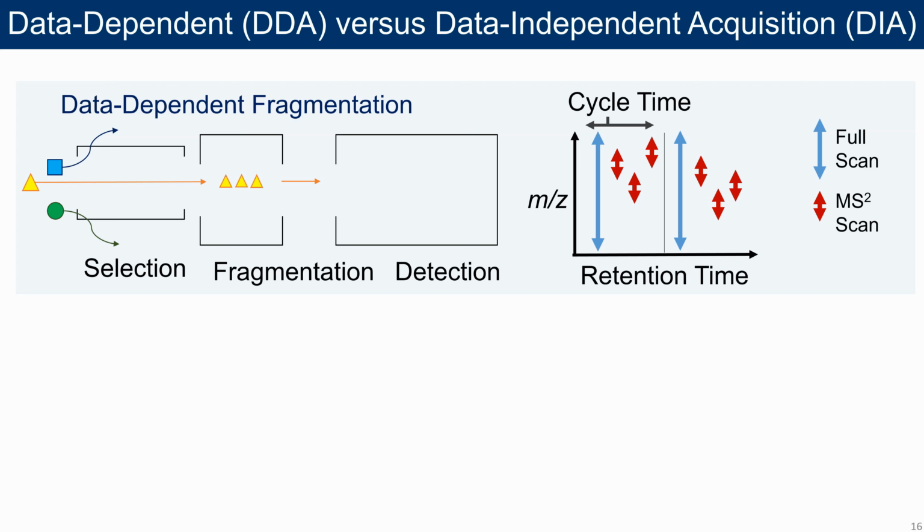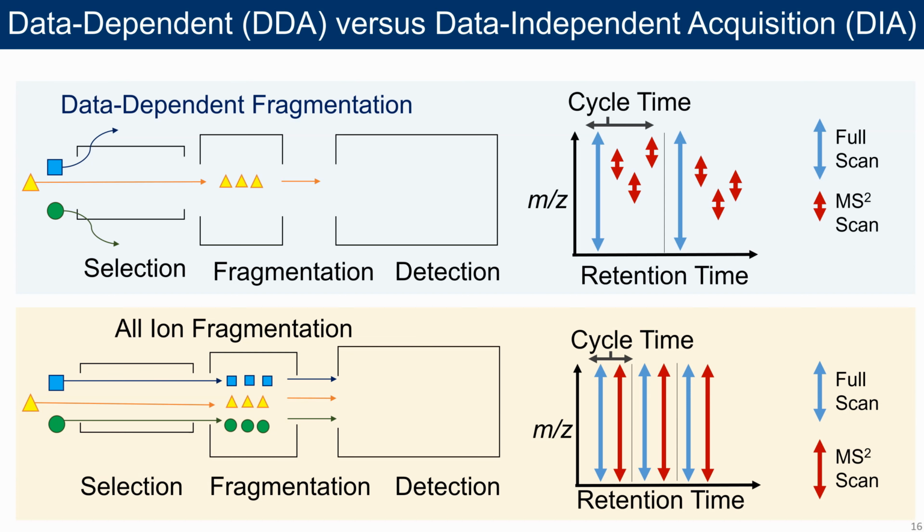If you look on the right, that means that within a long cycle time, for example of 4 scans, you only acquire a small portion of the mass to charge region. Whereas in all ion fragmentation, you can fragment everything simultaneously because you're not selecting one by one. Therefore, in only 2 scans, you can have fragmentation across the entire mass to charge region.